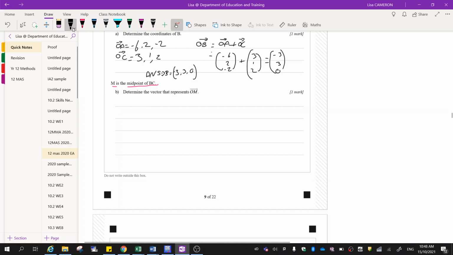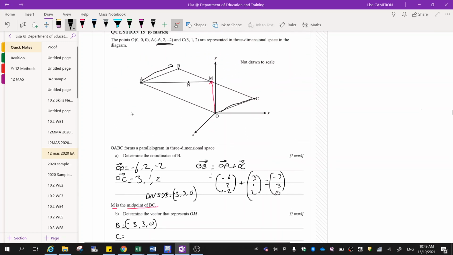Alright, so the coordinates of B is equal to, which we just worked out, which was up here, -3, 3, and 0. So chuck them in one bracket. Next, the coordinates of C, which were given to us up the top, are 3, 1, and 2.